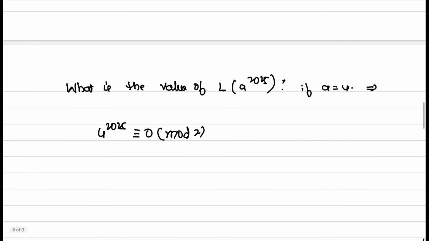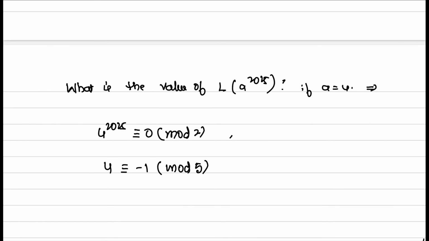This can also be written as 4 is equivalent to minus 1 mod 5, by using the modular arithmetic concepts which I have explained very well in the previous lectures.